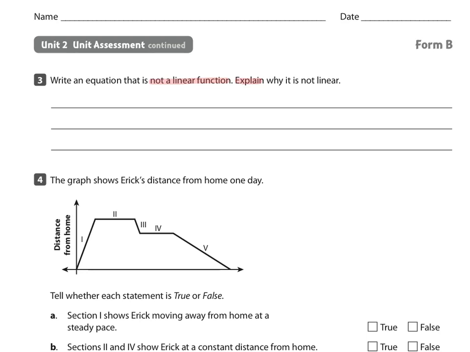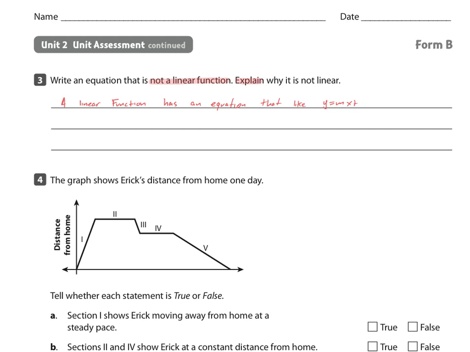Now, we're going to start a little backwards so you can understand the question. So, a linear function has an equation that looks like y equals mx plus b.